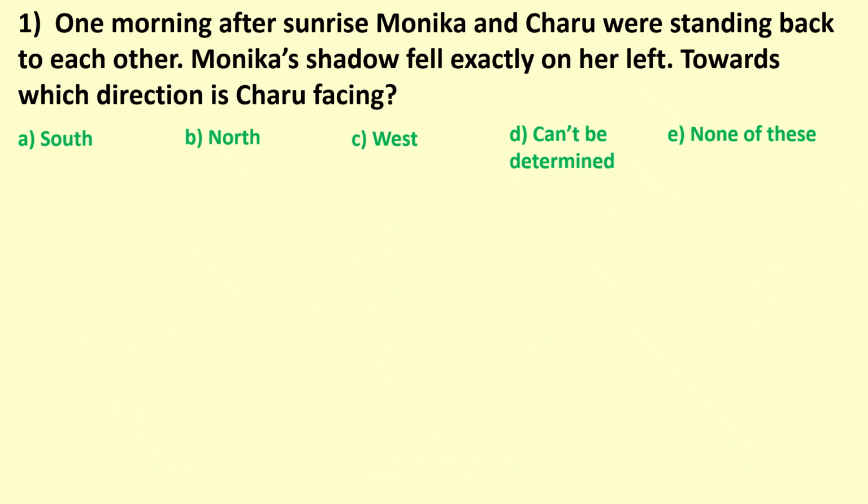Okay, so first question under shadow we will see. One morning after sunrise, Monica and Charu were standing back to each other. Back to each other means they are facing opposite to each other, but they have not given you the direction that Monica is facing north or Charu is facing south.